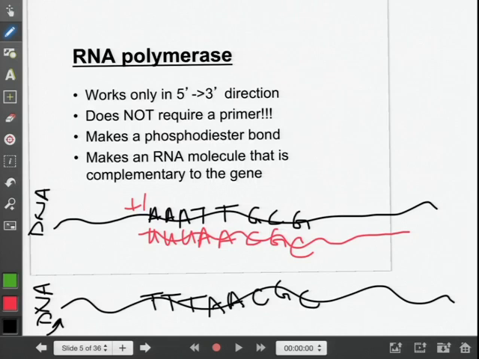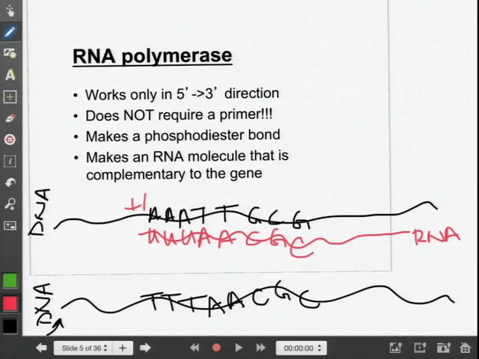What do we notice about the RNA and the non-template strand of the DNA? They're the same, except the DNA has T's and the RNA has U's. Right? They have to be.